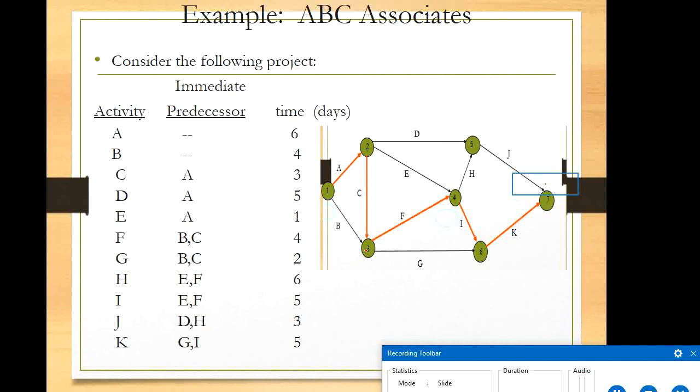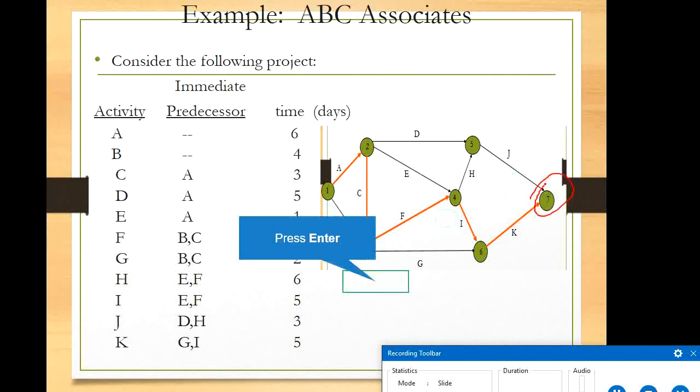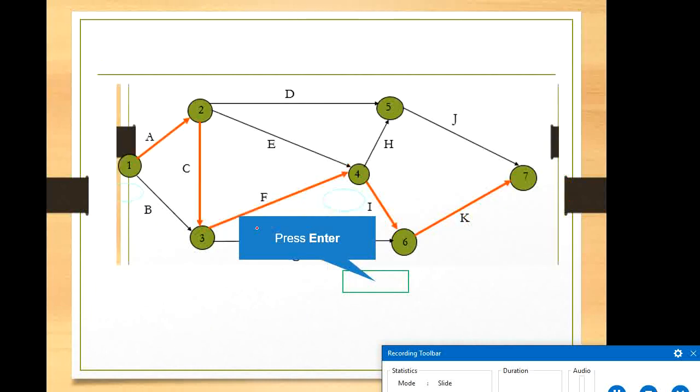Then K starts only after G and I complete. J starts only after completing D and H. So this is the end point. This is the way of drawing the network diagram for any project. This is another picture for the same.